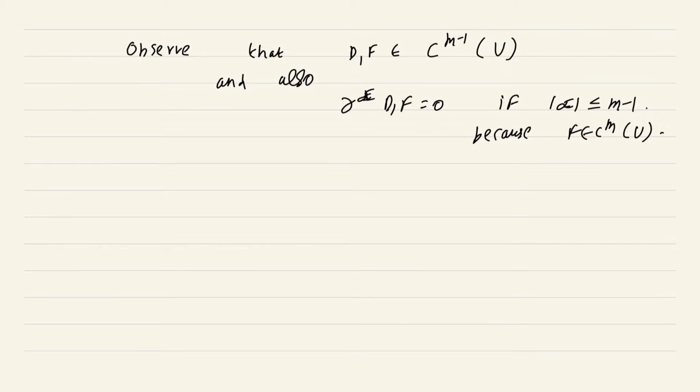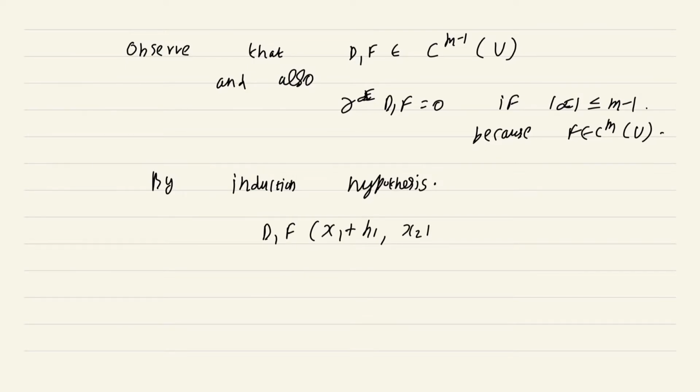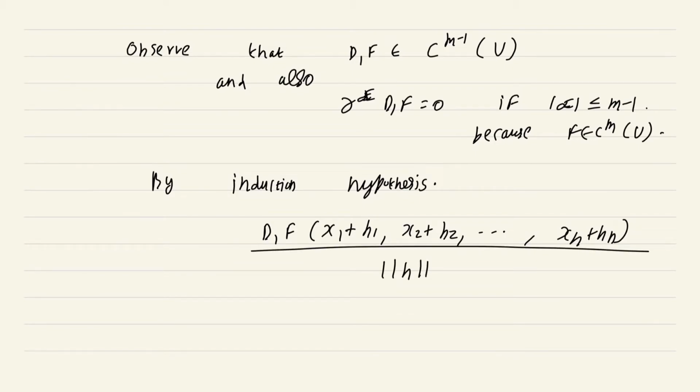Okay, so now by the induction hypothesis, what we have is that the limit as h goes to 0 of d1 of f of x1 plus h1, x2 plus h2, dot dot dot xn plus hn, divided by norm h to the power m minus 1, is equal to 0.